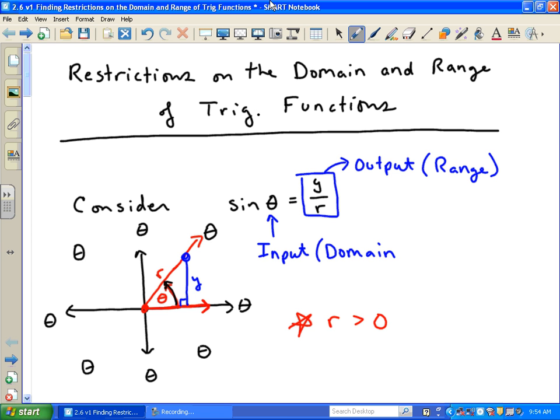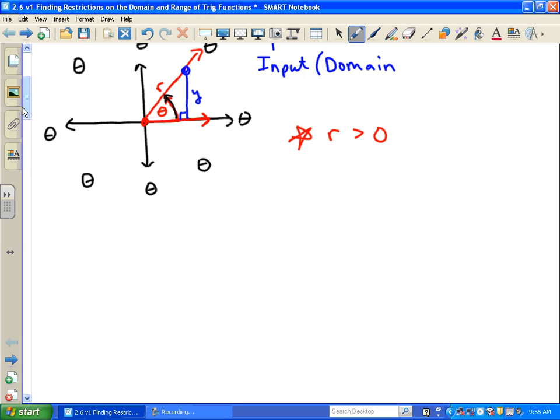Let me boil it down to this. If you think about the values that you could possibly have for theta, it's dependent on the values of y and r. The only thing that y over r could not be is undefined. Think about for a second a fraction. So let me put this as a note. When is y over r undefined?